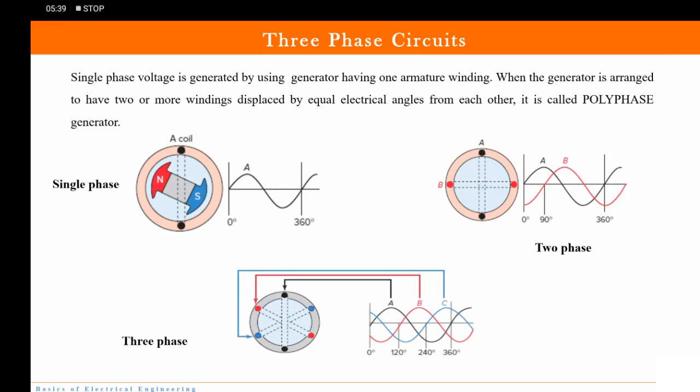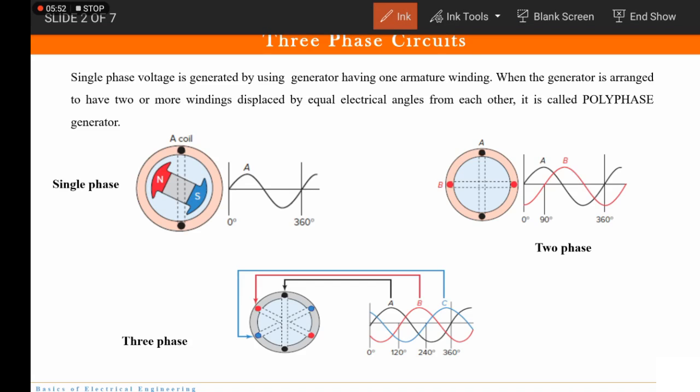Let us see how my three-phase signal will look like. So here we have three windings. Okay. I shall name them as A, B, C. Fine. Okay. So A is the basic signal. Now see how these windings are arranged. So this is A, correct?